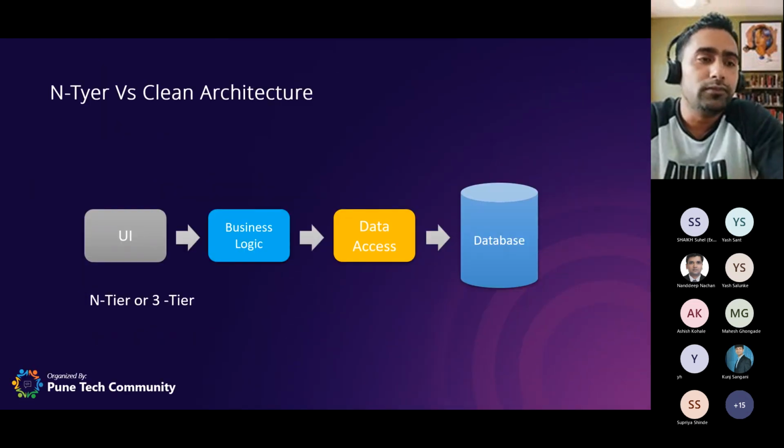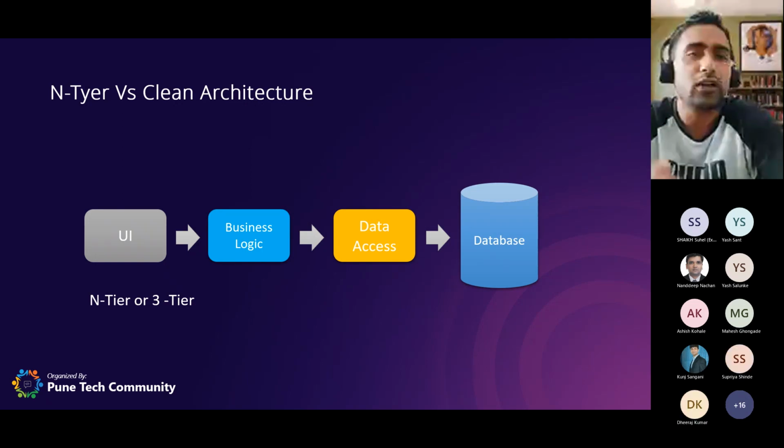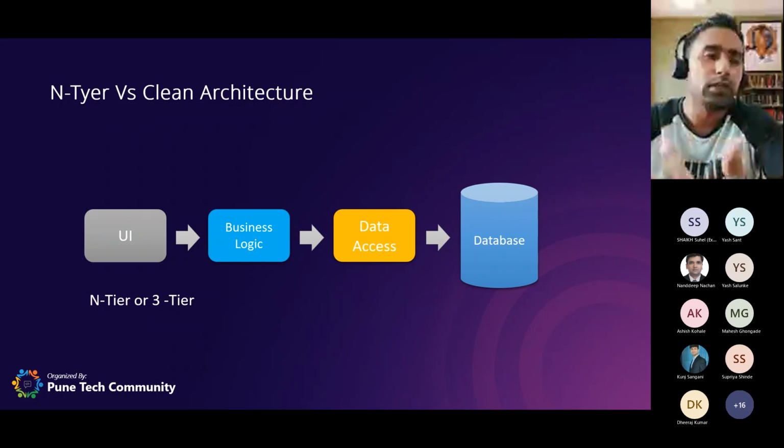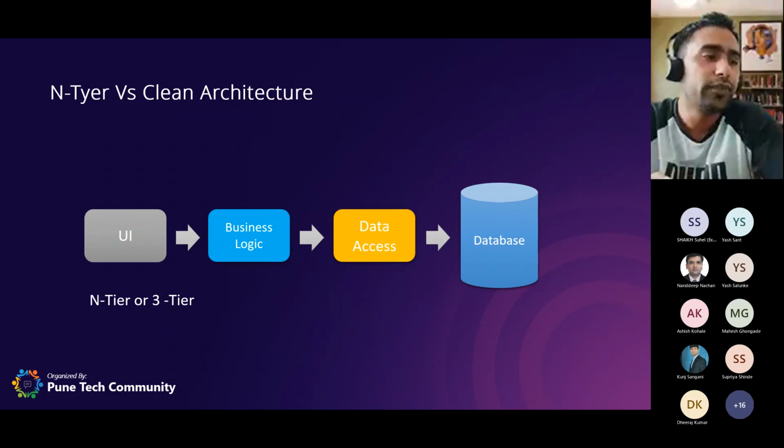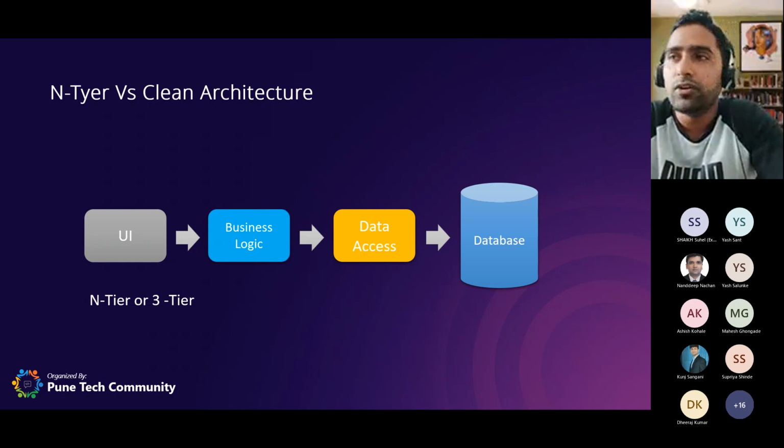If we talk about current application development approaches, mostly we use two approaches: three tier and clean architecture. There are several other approaches, but they all come from these two architectures. In the three tier architecture, we have the database, data access layer, then business logic layer, then UI.